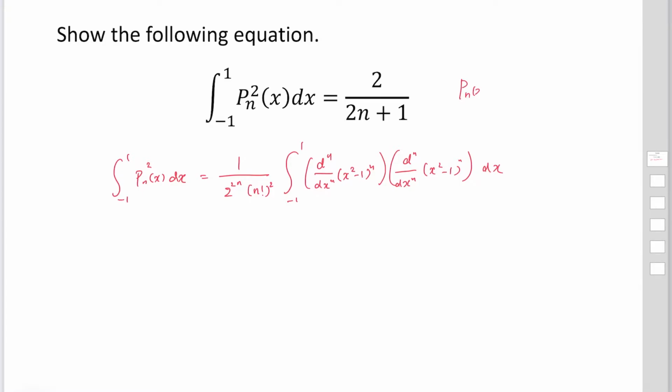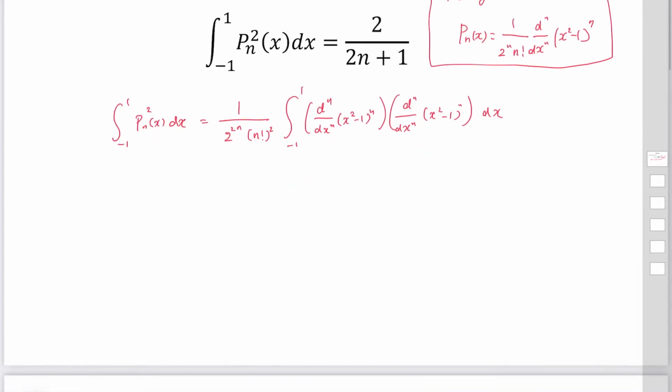P_n(x) is equal to 1 over 2 to the n, factorial of n, the n-th derivative of (x squared minus 1) to the n. This is the Rodrigues formula. Then we consider only this part.